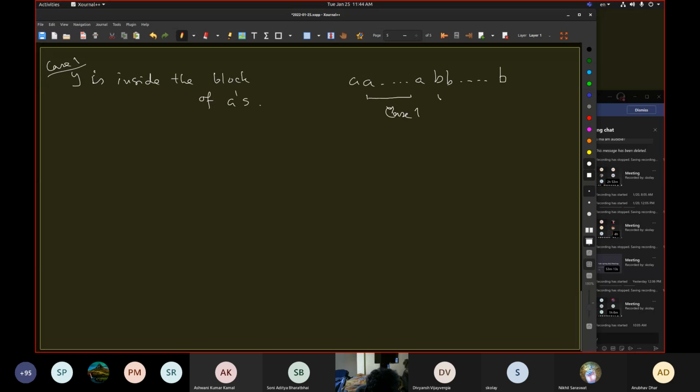Case 2: Y is completely inside the block of B's.